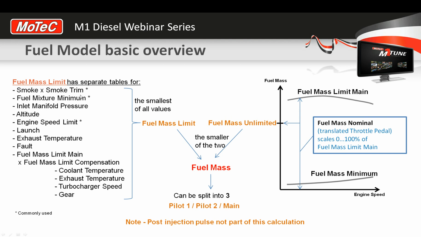Alright, so going back to going through the list here, so this smoke table is, as the name suggests, designed to, if the airflow is low, i.e. the boost is low, and we've got our driver with his foot to the floor and his fuel request is high, and we know that's going to make smoke, you get to tune this table in milligrams to reduce the amount of fuel until the smoke stops, or till you reach the lambda you want.